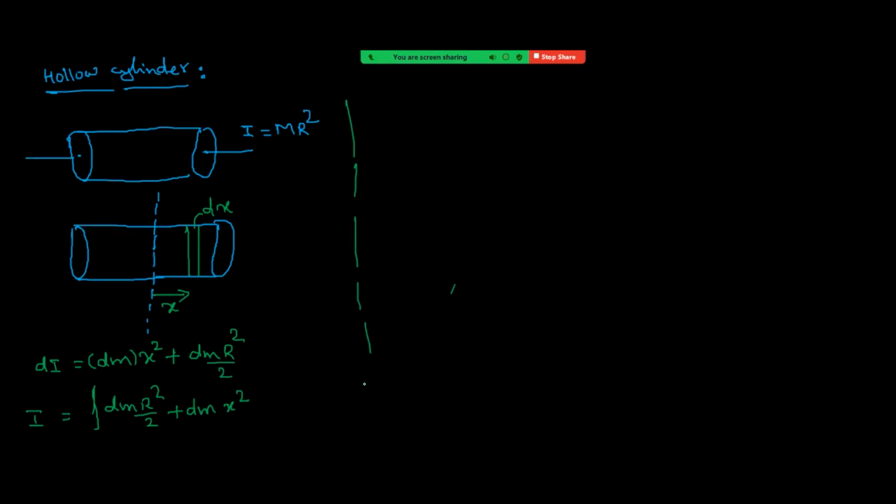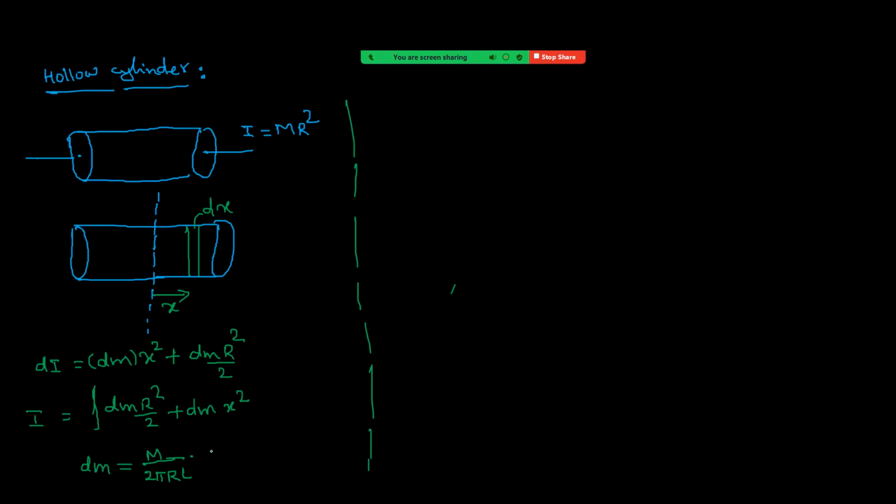Right. Now see the calculation part. In this, we can see the dm value. Let us take mass per unit area, that is m by surface area, which will be 2 pi r L, into the corresponding area.